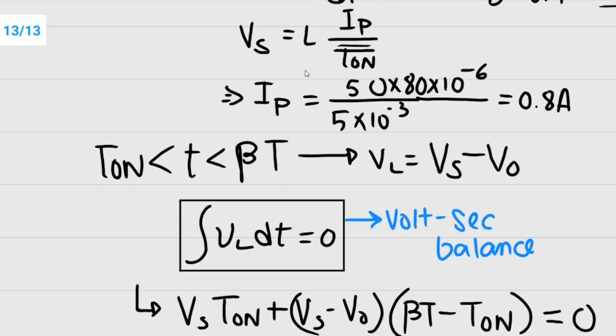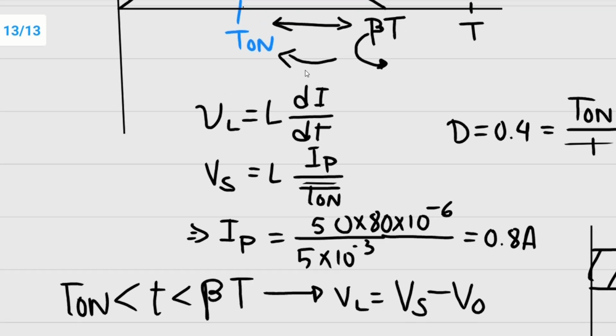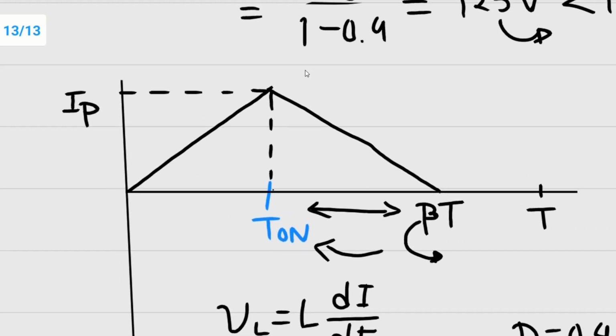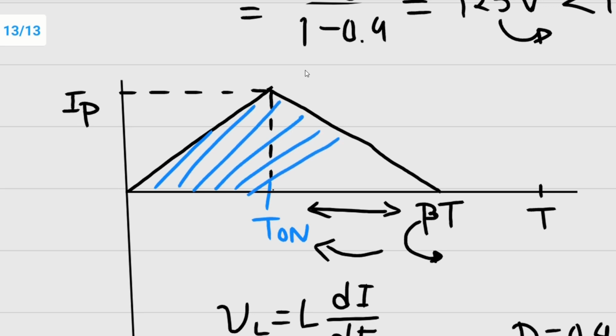Now to get the average inductor current, we have to calculate this whole area during a time period.